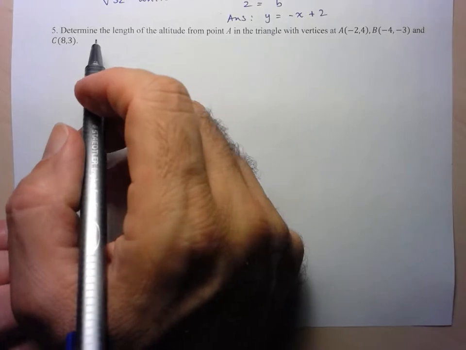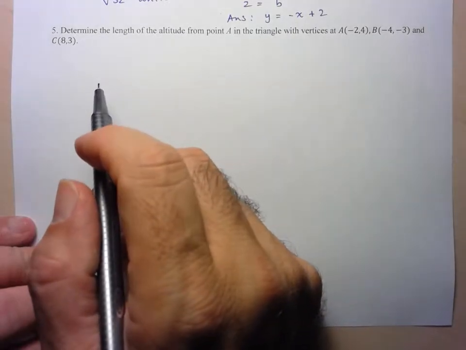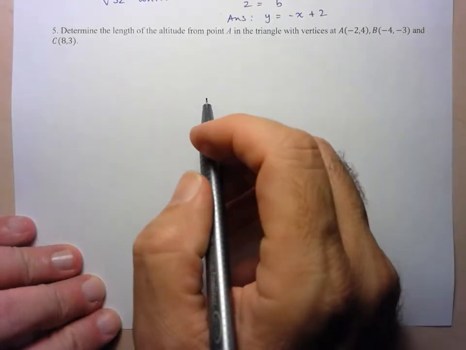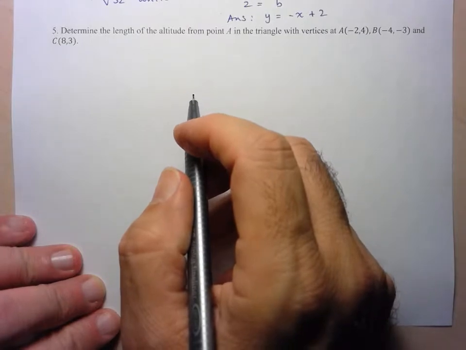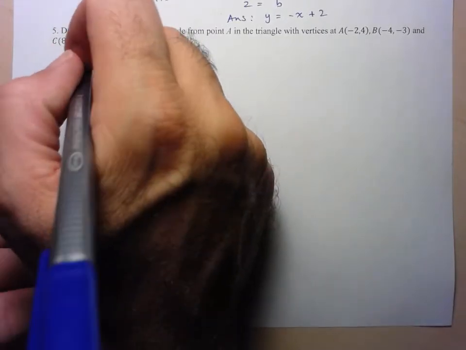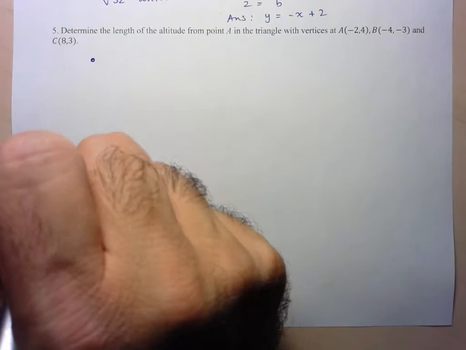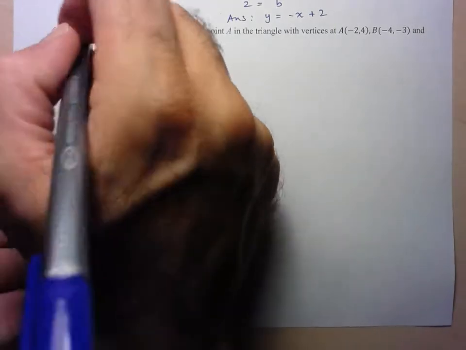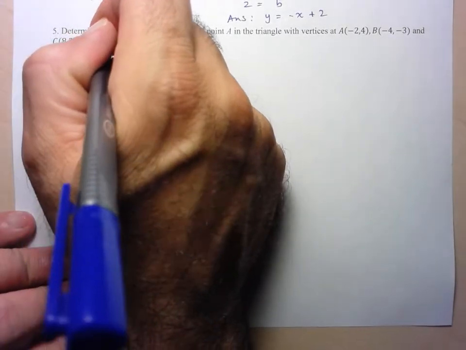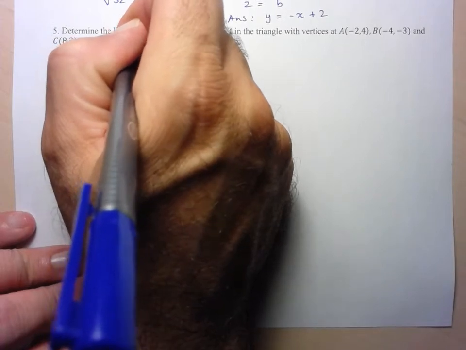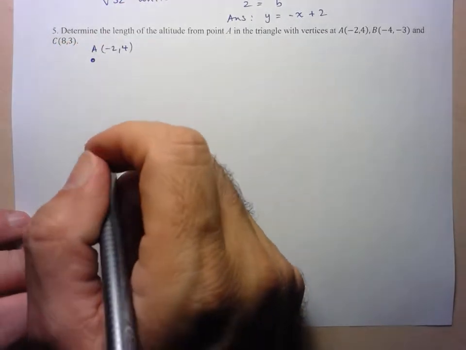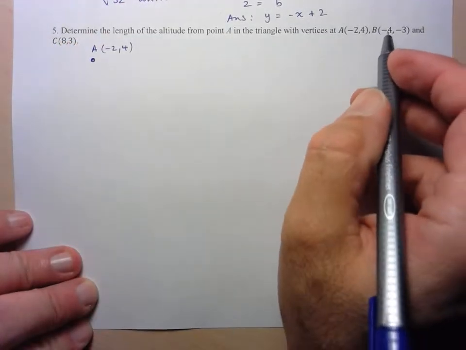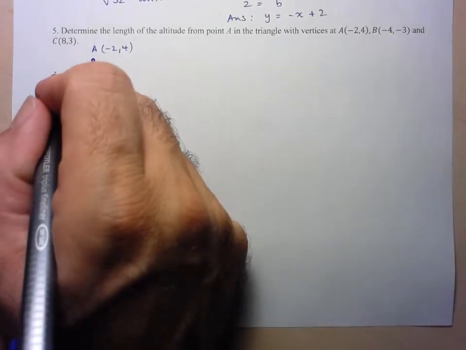So first and foremost, let's get our bearings here. We have this triangle with vertices A, B, and C. As I did in the previous example, I'm not going to go crazy being accurate with my diagram because I just want to use it as a guide. If I have this point A (-2, 4), my point B (-4, -3) is going to be further to the left, further down.